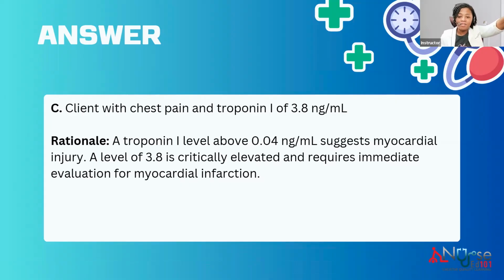So we got the blood on the screen, right? Troponin is elevated, 3.8. But we do an EKG and we see this, that would be indicative of myocardial infarction. I'm gonna help you out. If the S and the T were elevated, so an ST segment elevation, I see you, Kim, yes.